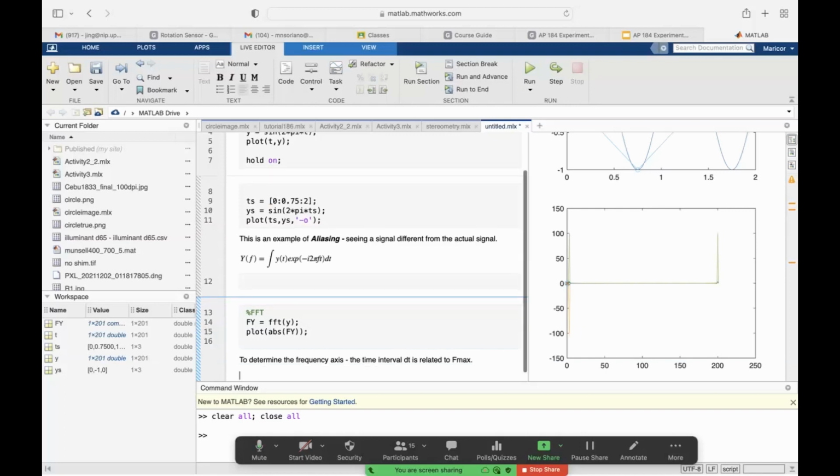The time interval dt in this case is 0.01, the original. So 1 over dt is equal to Fmax. In our case, if dt is 0.01, what is 1 over 0.01? Fmax is 100 hertz.